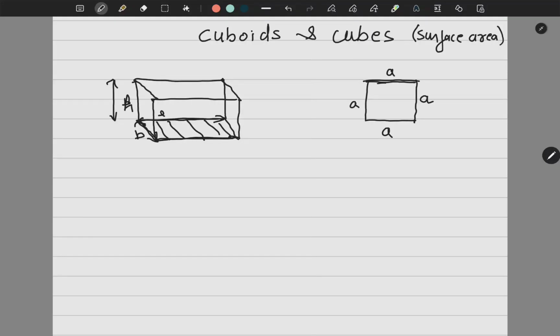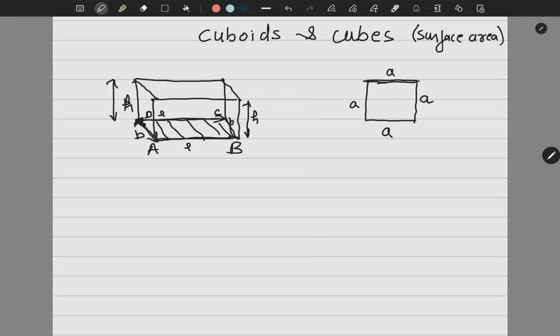So this is also L, and if you observe, this is also B and this is also H. Okay, now tell me, as I said, there are 6 faces. Now if I talk about the base, if I am naming it A, B, C and D, right, this is D point.